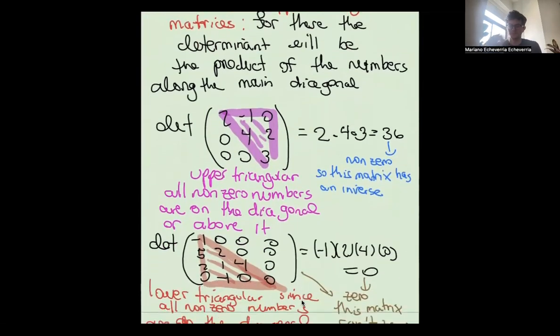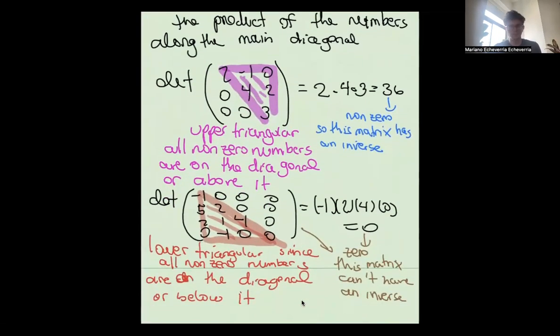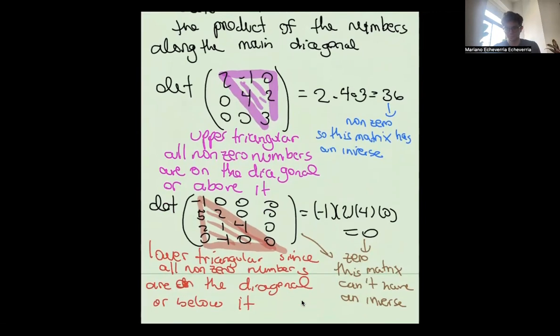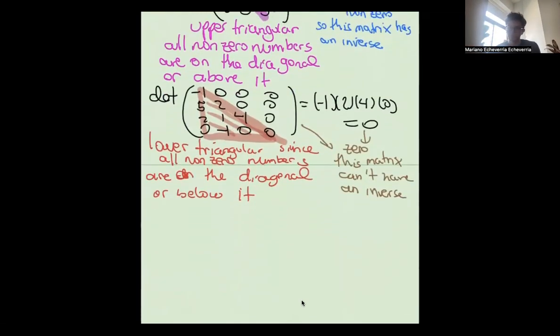Is that making sense? And then the last three things I wanted to tell you about this determinant business are how it interacts with the operations on the rows.